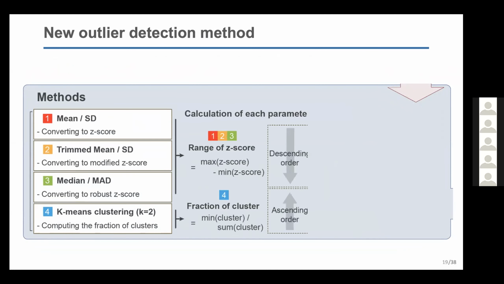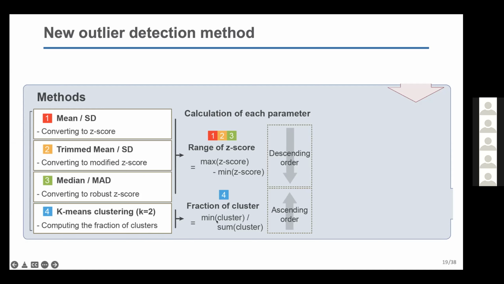After conversion, I calculate each parameter. For those 3, I calculate the range of the Z-score, which is the maximum Z-score minus the minimum Z-score, because I thought if a transcript has an extreme expression, it might have a really high or really low Z-score, so it will have a really large range of Z-scores. For k-means clustering, I calculate the fraction of the cluster, which is the minimum cluster divided by the sum of the clusters, the same as the total number of patients.